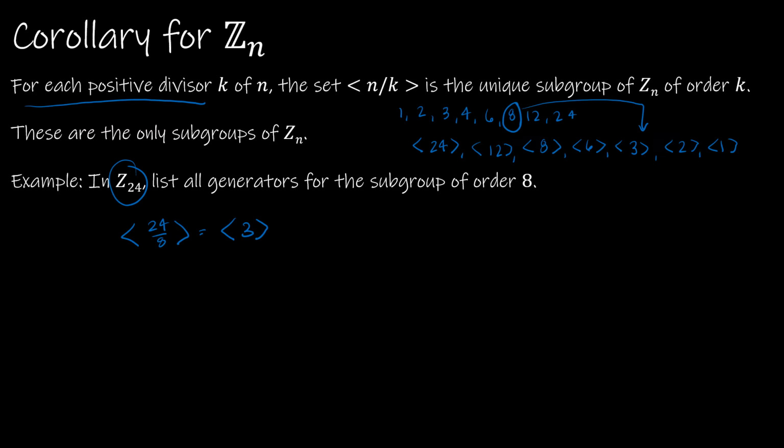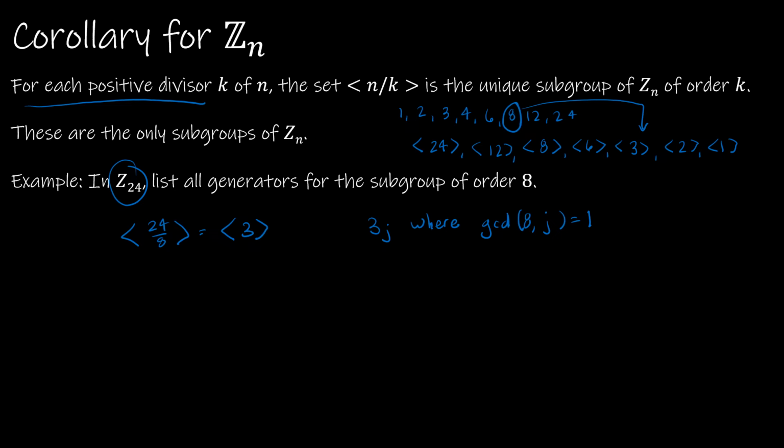Now, what we're going to do is think about a theorem that we learned in our last video that says, okay, well, if you know that 3 is a generator, then the other generators are going to be in the form of 3j, or i, or whatever variable you choose to use, where the GCD of 8 and that value is 1. In other words, we're looking for values that are relatively prime to 8.